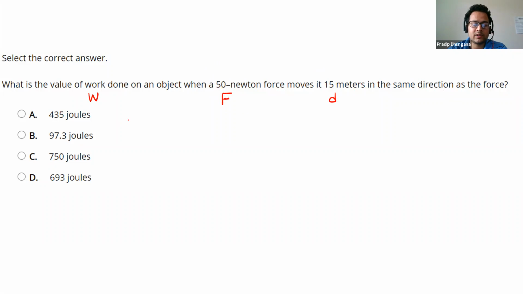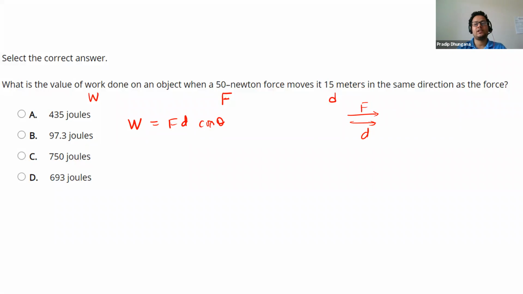So we know that work done is force times displacement times cosine of the angle between force and displacement. Both force and displacement have the same direction. So I have a question for you all. You can unmute and answer that question, or you can write the answer in chat, or you can just annotate on the screen.